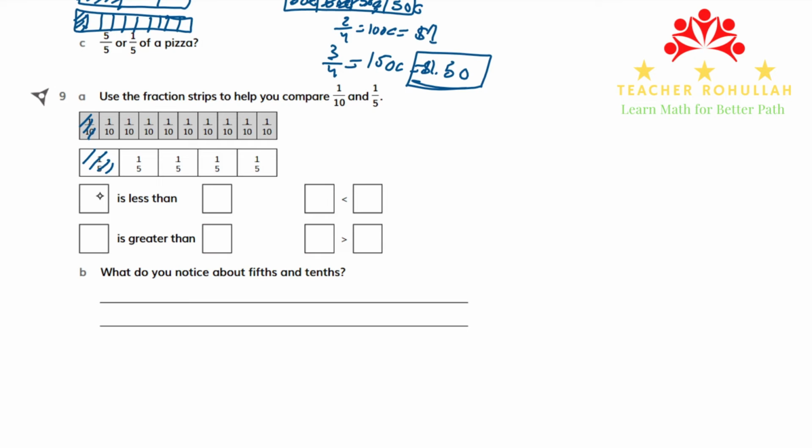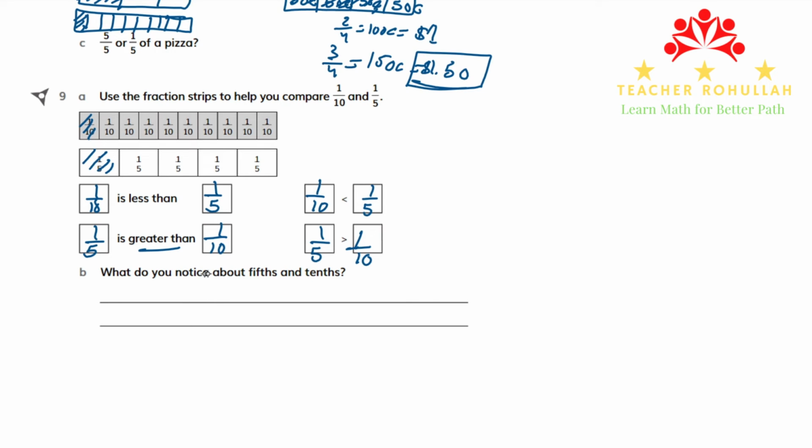So in this case, we can write 1/10 is less than 1/5, and 1/5 is greater than 1/10. We can show it by using the inequality signs as well. As I said before, the mouth of the inequality sign is open towards the bigger one. Then 1/5 comes here and 1/10 comes here, and again 1/5 comes here and 1/10 comes over here.